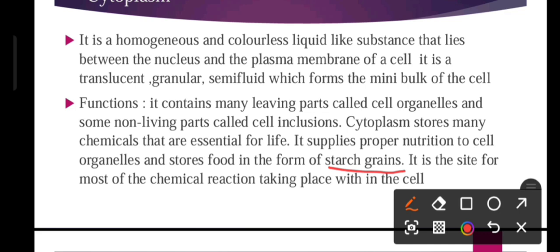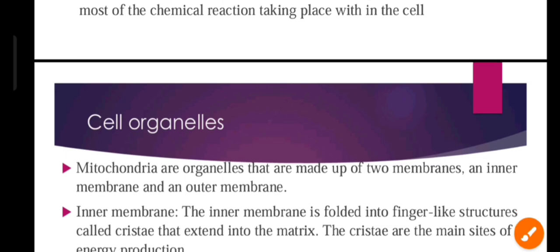It is the site for most of the chemical reactions that take place in the cell. So most chemical reactions take place in the cytoplasm of the cell. This is all about the cytoplasm.